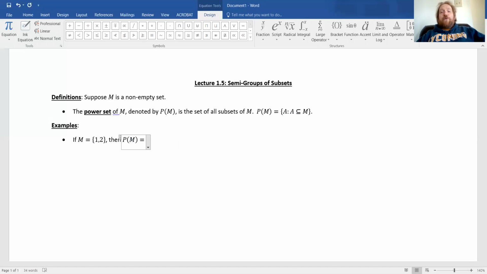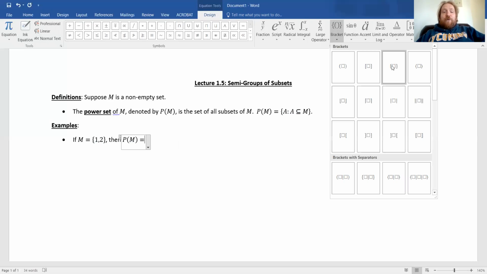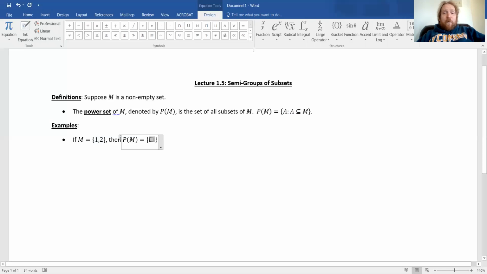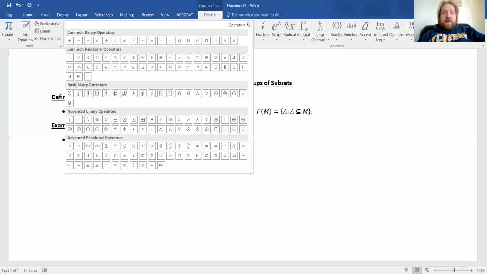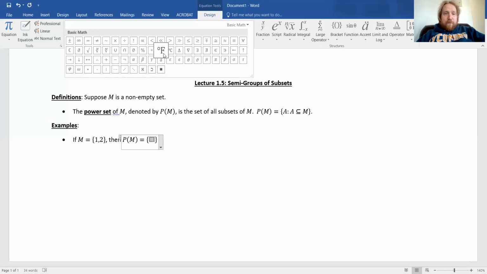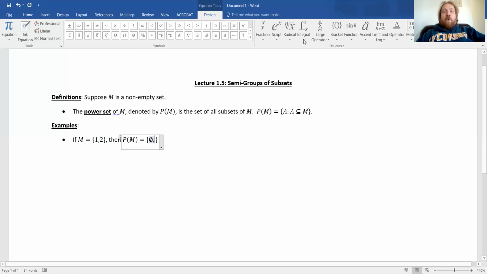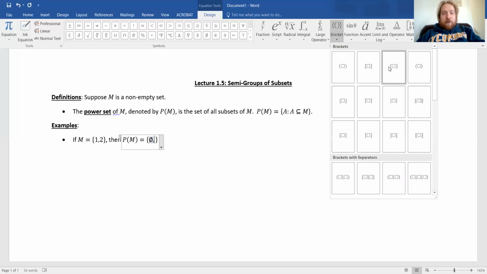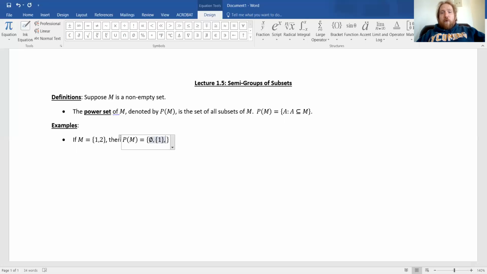And then do you want 2 to be in the subset? So there are 4 subsets of M, one of which is the empty set, which consists of neither 1 nor 2. One is the set containing just the number 1. One is the set containing just the number 2. And one is the whole set M containing both 1 and 2.